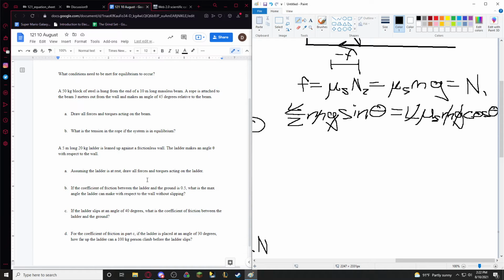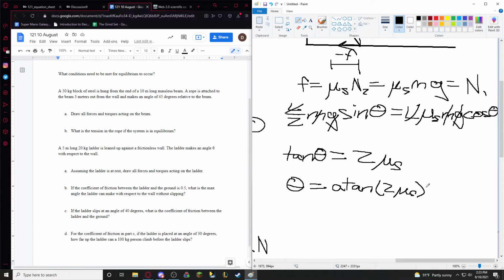So for B, we want to find theta in terms of mu. So we'll have sine over cosine. So we have tangent theta is equal to 2 mu s. So then theta is equal to the arctangent of 2 mu s, which is just the arctangent of 1.